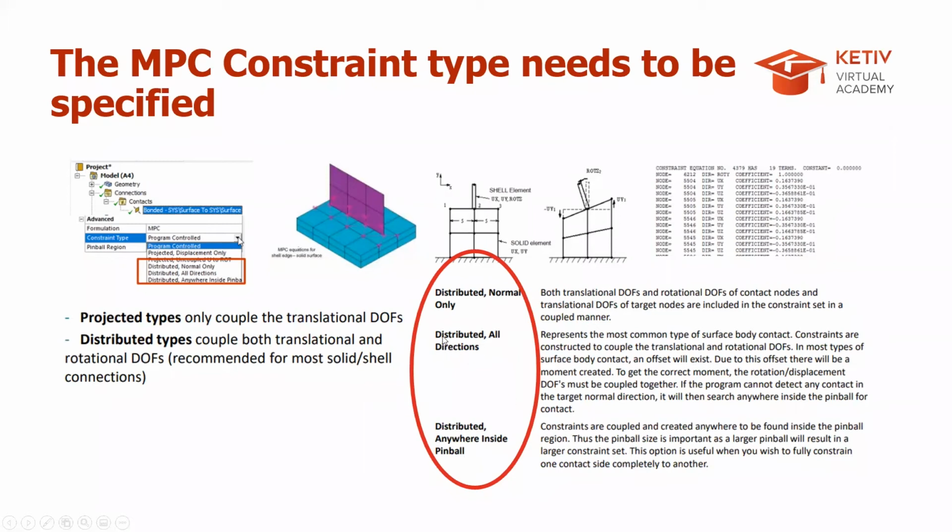But typically I'll just use distributed all directions in general. The projected types only couple translational degrees of freedom, so you can't use projected displacement or projected uncoupled U to ROT for the constraint type because of these degree of freedom considerations relative to solid versus shell elements.